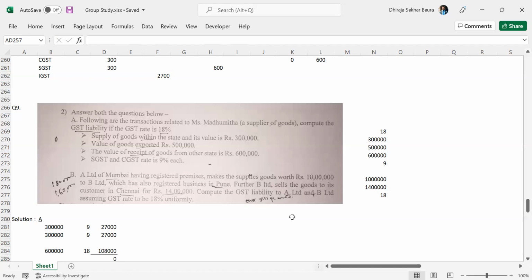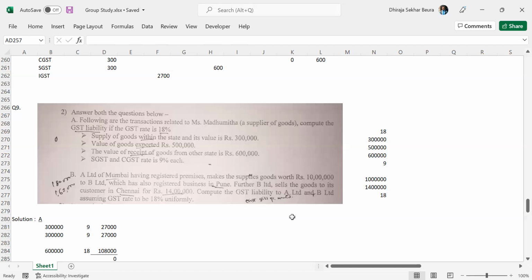On export of goods, how much GST do we have to pay if the rate is 18%? 0 is the correct answer. Thank you. So on export, GST is completely exempted. And the logic is obvious. Export is promoted by the government. More export, better for the country.